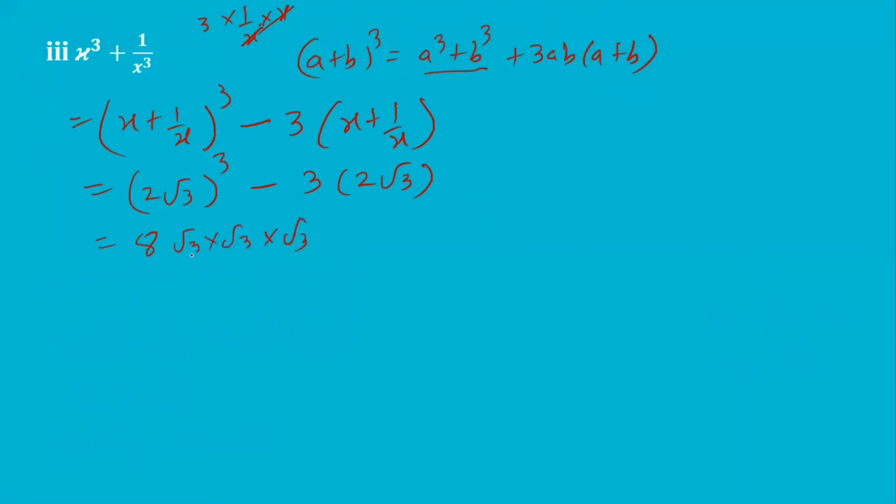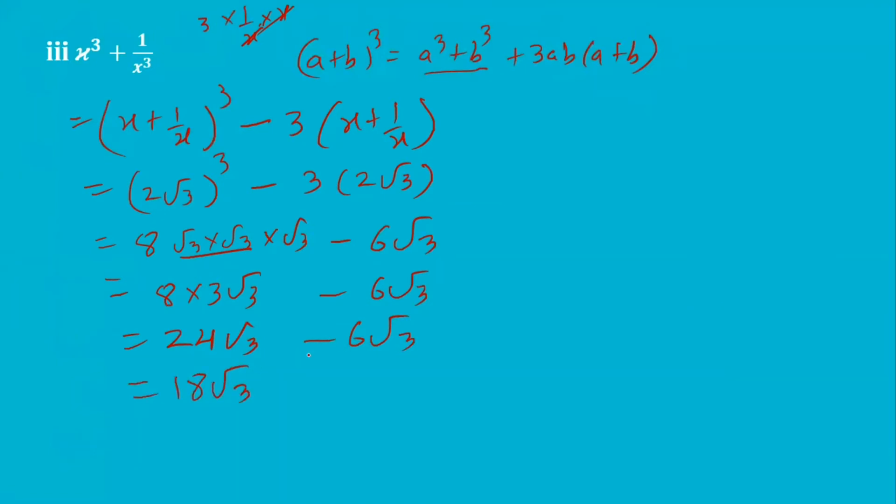Root 3 into root 3 is 3, so this becomes 8 into 3 root 3, which is 24 root 3. Now minus 3 times 2 root 3 is minus 6 root 3. So 24 minus 6, we get 18 root 3. Got it? So we have solved x cube plus 1 upon x cube. Let us solve it further.